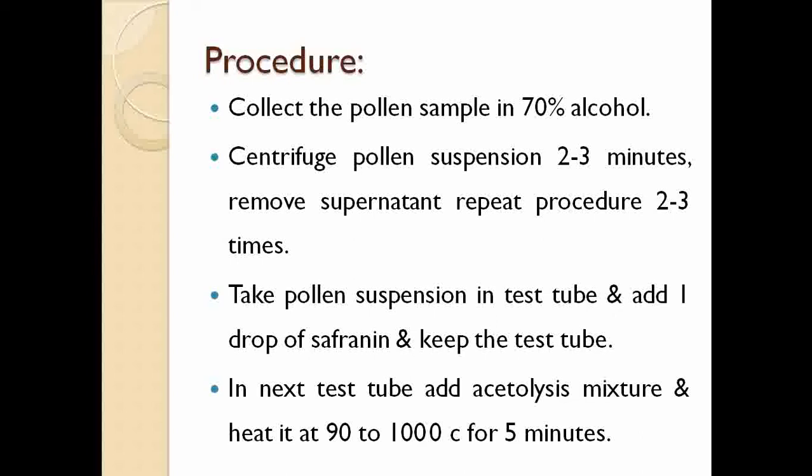Second, we are going to use the acetolysis mix. In the third one we are going to use one normal HCl, and in the fourth stain we are going to use light green. This is simply to recognize in which stain the pollen grains look most efficient, or we can recognize their shape, size and orientation overall.